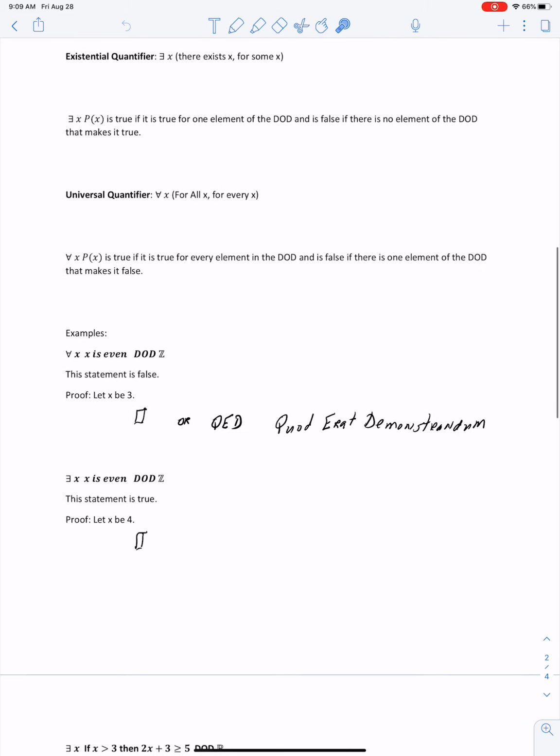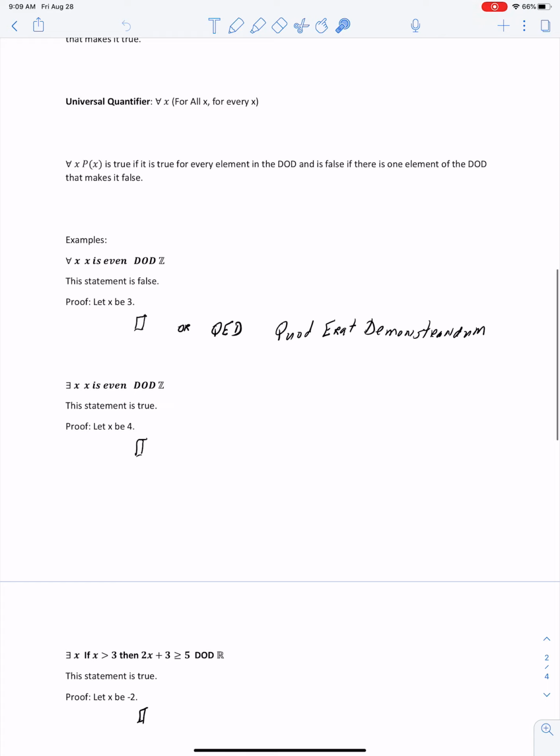So let's look at a few examples of quantifiers and how one can write a rigorous argument for it being either true or false. So my first statement says this. For every X, X is even, and I've chosen for my domain of discourse to be the set of integers.